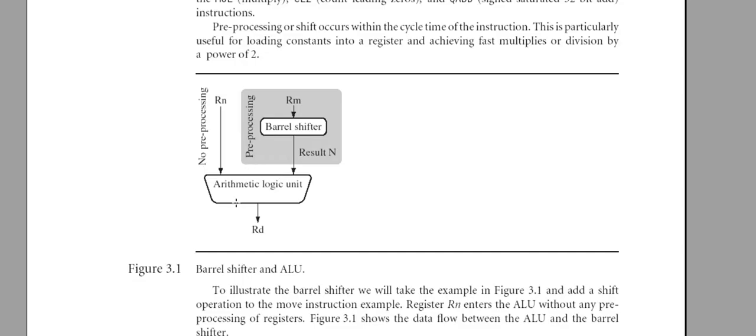So if I give ADD R0, R1, R2, R1 and R2 are going to add, and without any shifting of R2 the answer will be stored in R0. Suppose they ask ADD R0, R1, R2 LSL by 1. Here logically shift left means that while coming to the adder it will be pre-processed and will shift the register content by the number of times we specify in the problem itself.